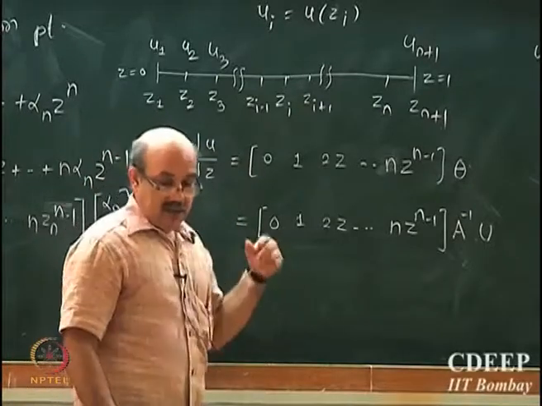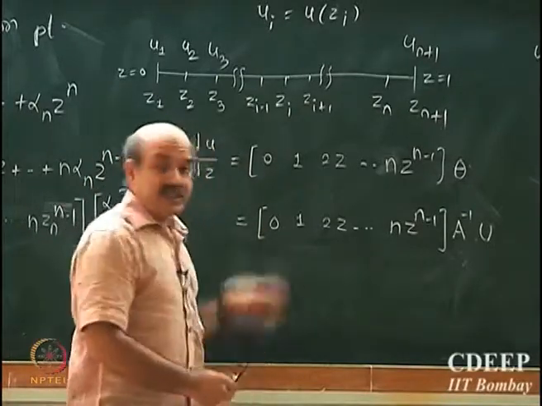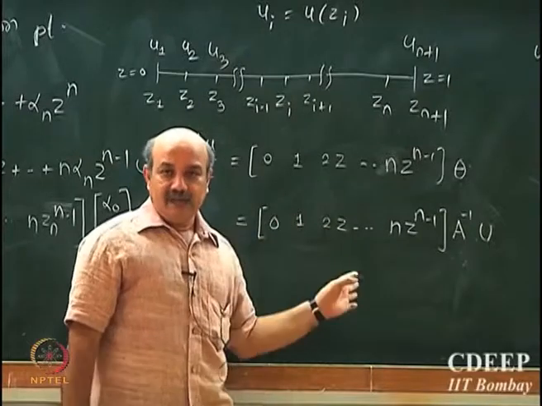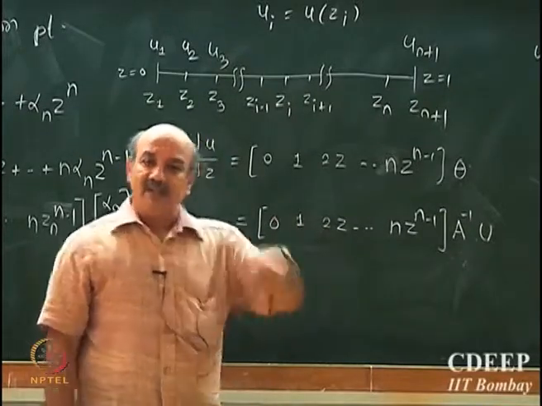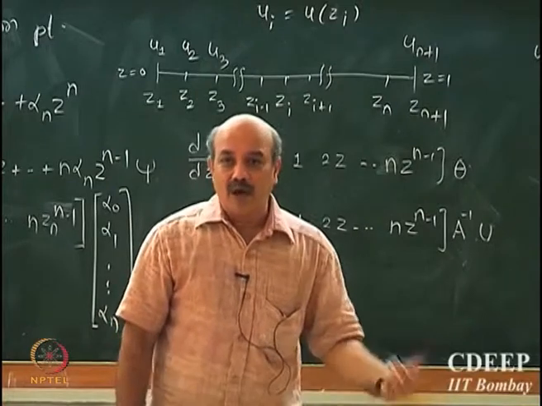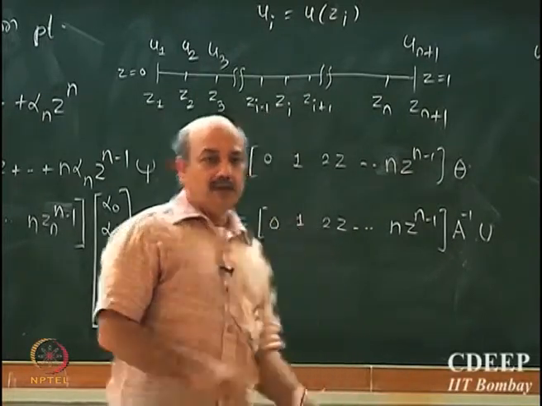We have to do, so this is the general expression for the derivative. Now I want to find the derivative at the ith collocation point. So how will you find it?